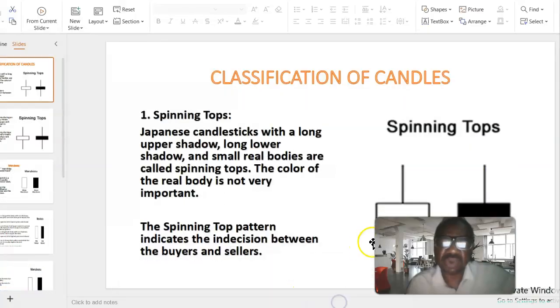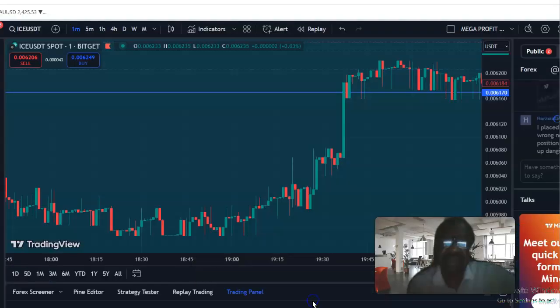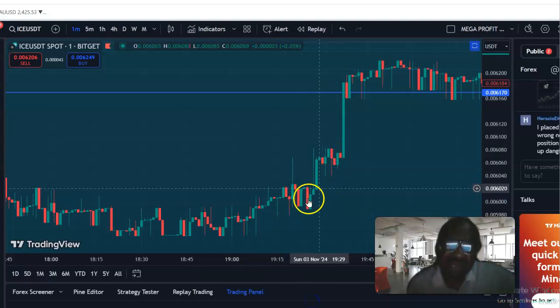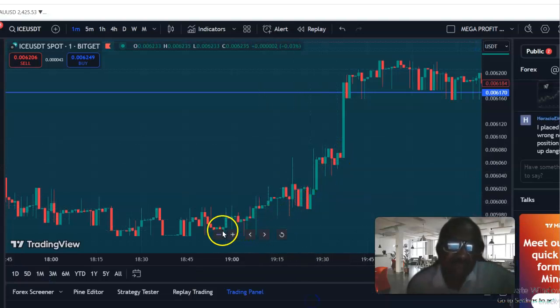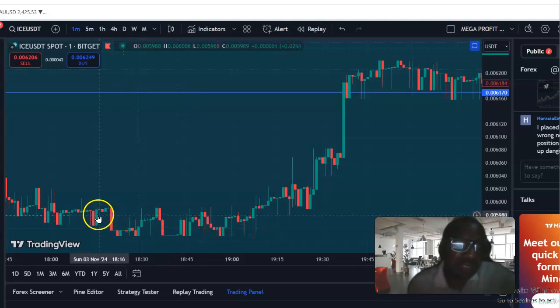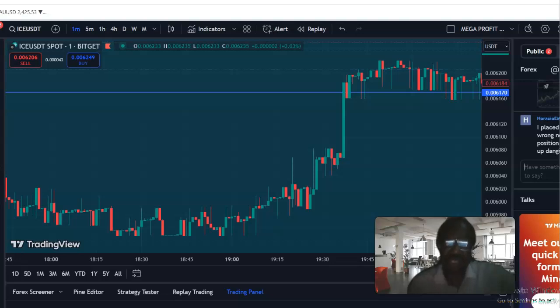Let's look for it here for the purpose of learning. Look at it, this is a spinning top for the bull, and the candle color here is green. So this is called a spinning top. So what happens to a spinning top?